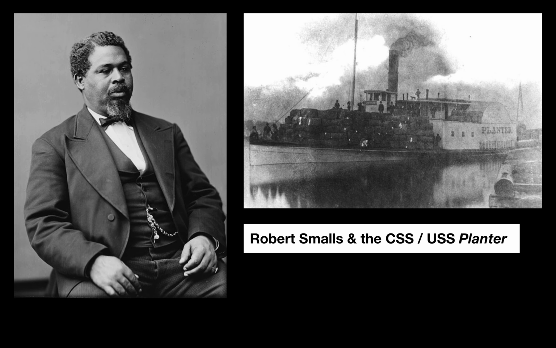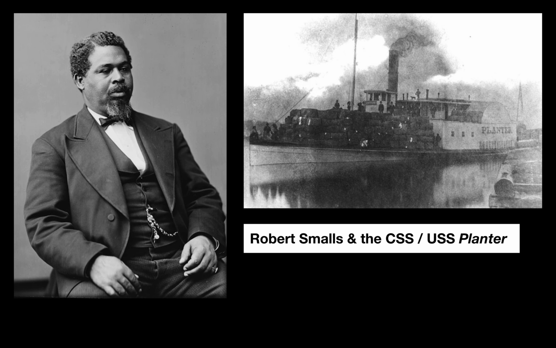He can see the Union line, the Union ships, but then it occurs to him, they probably think I'm a Confederate ship, a hostile ship. So he quickly remembers that his wife brought their bedding. He has a white bed sheet, so he strings it up on the pole, and now they're flying the white flag of surrender.